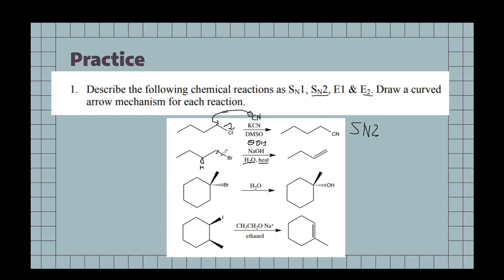And let's say this was dash. We'll just take it as an H, and it will come down and then kick off the Br, forming this. And in this case, you definitely know that it is E2, right, because that all happens in one step.